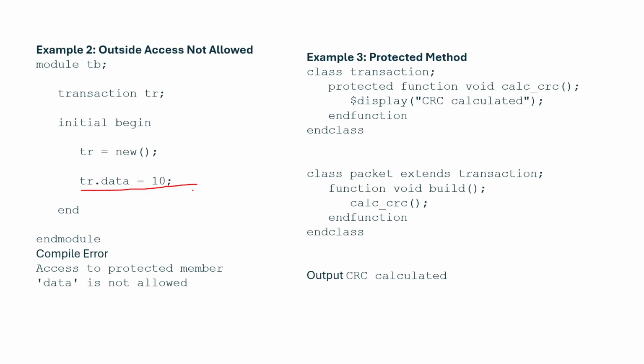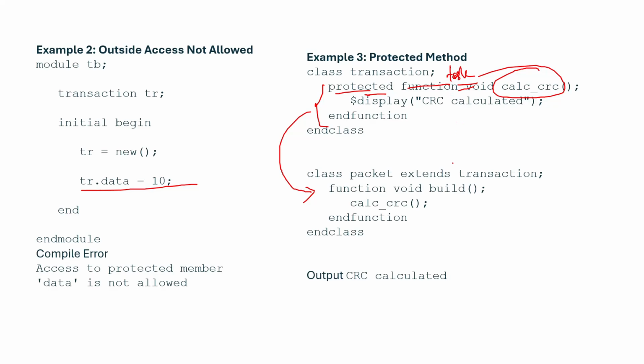Same way, protected method. Previously you considered a normal method. Now I am considering the method as protected. Here instead of function you can also write task. Protected task also you can consider. Same way, this protected method is accessed by the child class. What is your method name? Calculation CRC. CRC is calculated. That is your method name.